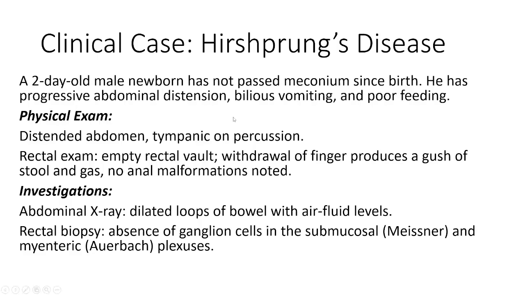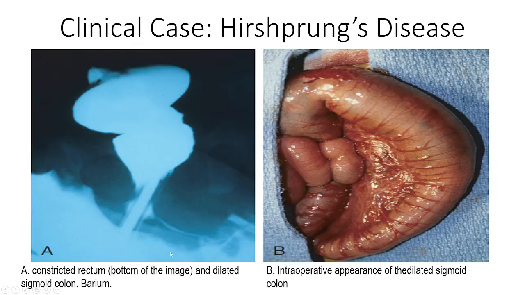So in the part of the gastrointestinal tract where the ganglia are absent, it remains constricted. It remains spastically constricted. It cannot relax. But the proximal segment, the segment above constriction, is dilated. Why? Because the meconium cannot pass.